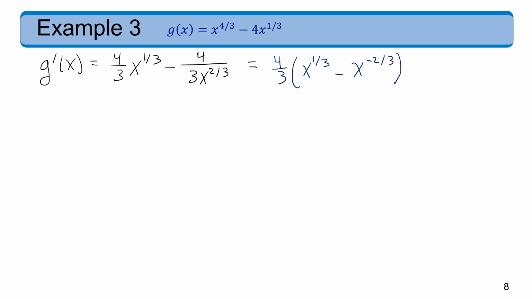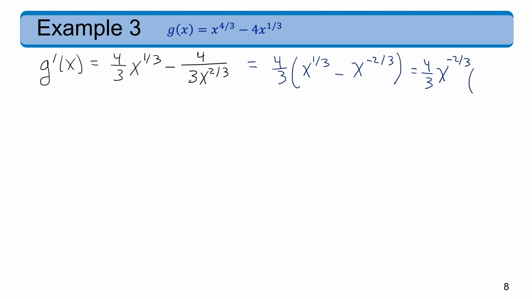So then I'm going to factor out x to the negative 2/3. So we still have the 4/3. Now I'm going to factor out x to the negative 2/3, right? We usually factor out the smaller power, and negative 2/3 is less than 1/3.